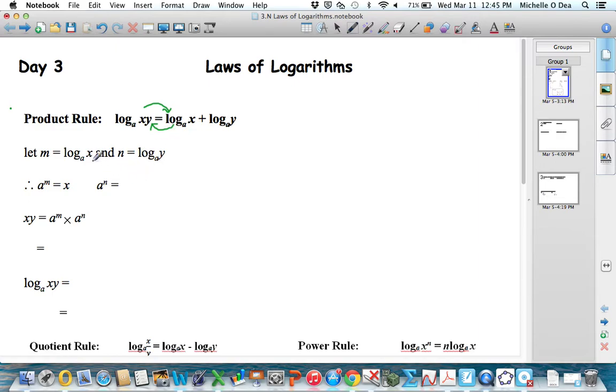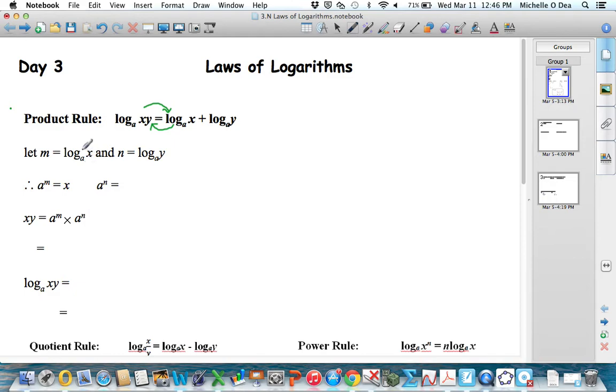So let's see where this rule comes from. If we start with the right hand side here, log of x plus log of y, we're just going to say let m be log of x base a and n be log of y base a. Using our rule from the previous two lessons, our definition of a basic log, remember it's just a different way to write an exponential.